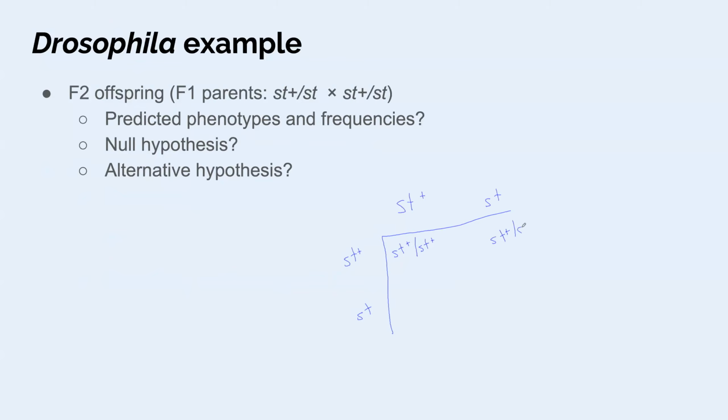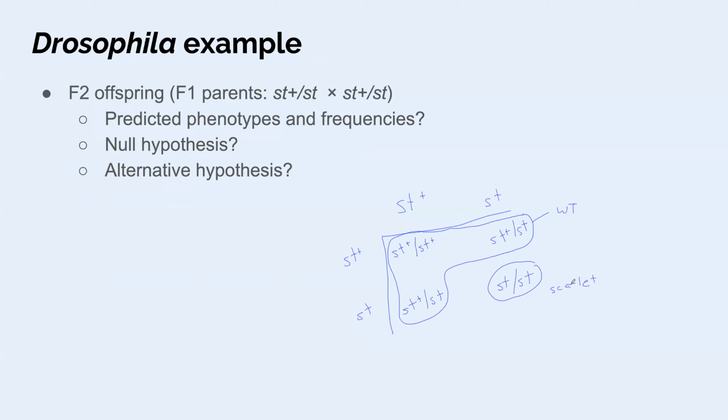Any of these that has at least one of the plus dominant allele gets the wild type eye color, and this kind gets the scarlet eye color.